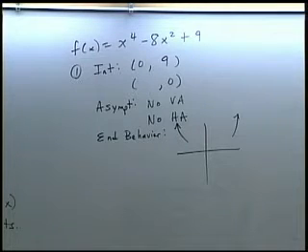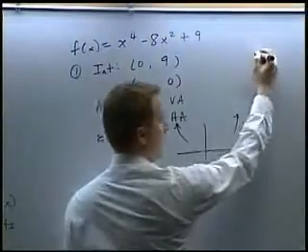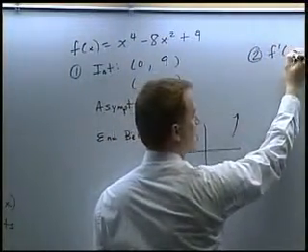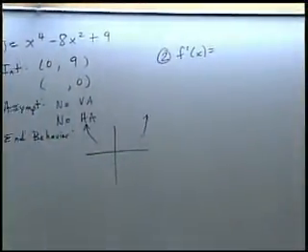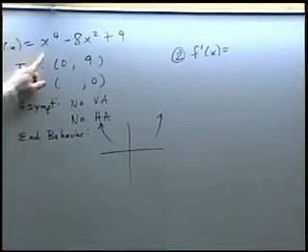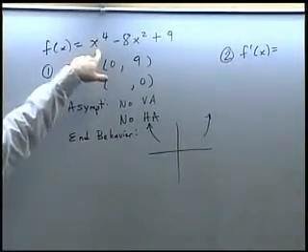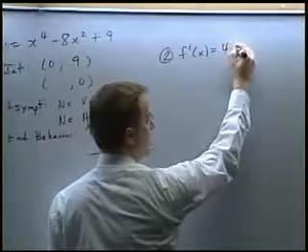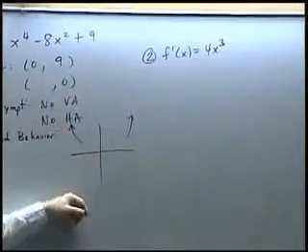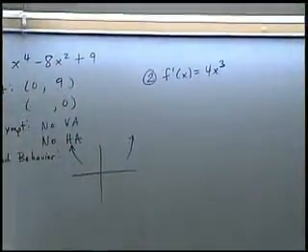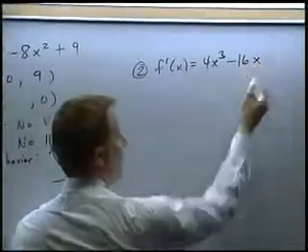Now we go to the second step, where we analyze the first derivative. We're looking for all of these things that we pick up on from the first derivative. My first question: what is the first derivative of this function? Just a bunch of power rules here. 4x cubed minus 16x, and the derivative of 9 is 0.